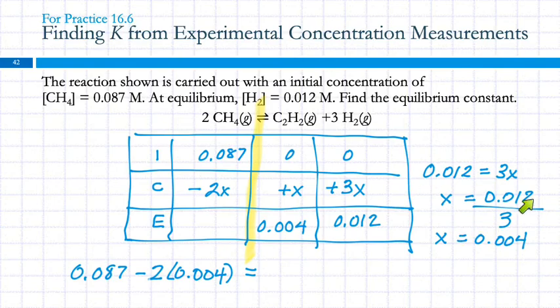And this stuff over here, you wouldn't necessarily write that down. You certainly can, but you don't have to. So I'm getting 0.079. Any questions?